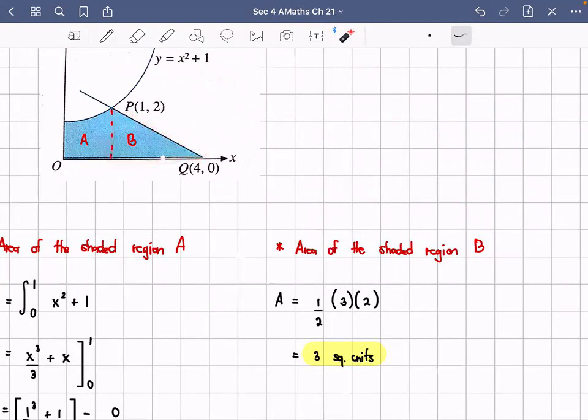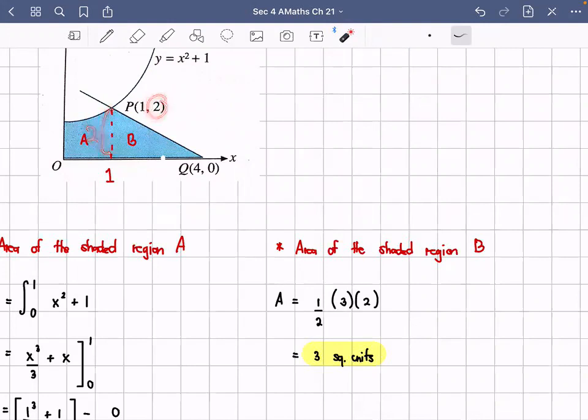So this is 1/2 times 3 times 2. Why times 3 times 2? This is 1, so from here to here, that's 3 units, and that's your base. And what's your height? Your height is 2 units, because of this y coordinate.